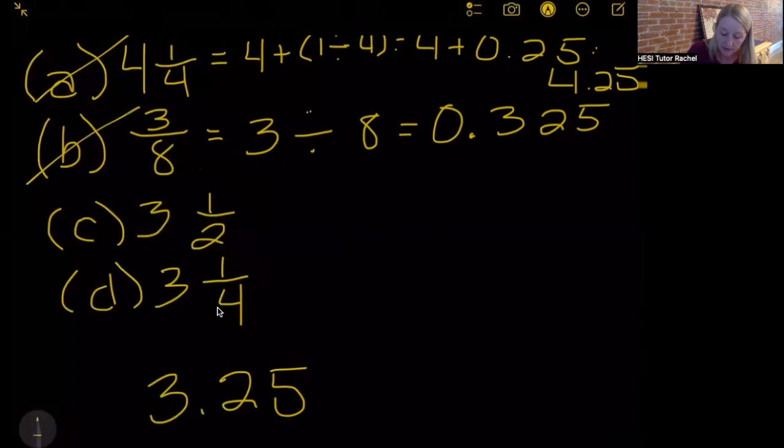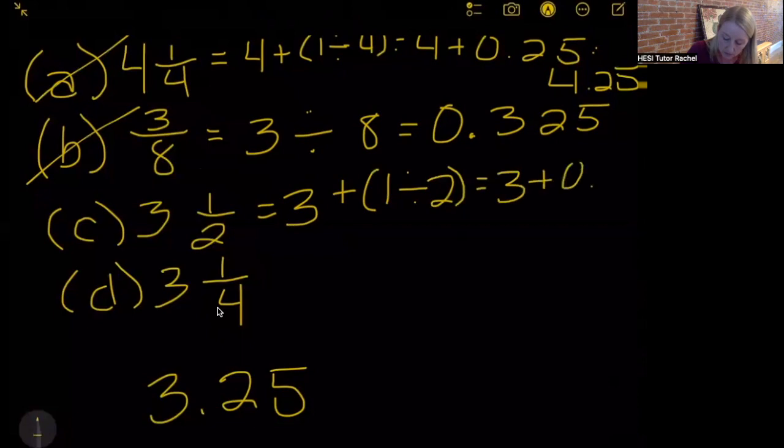3 1/2 is 3 plus 1 divided by 2, which is 3 plus 0.5, which is 3.5, also not the same as 3.25, so we can cross that out.